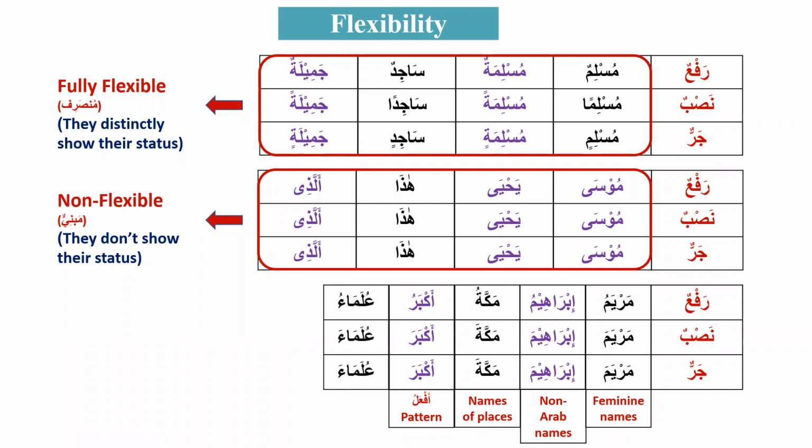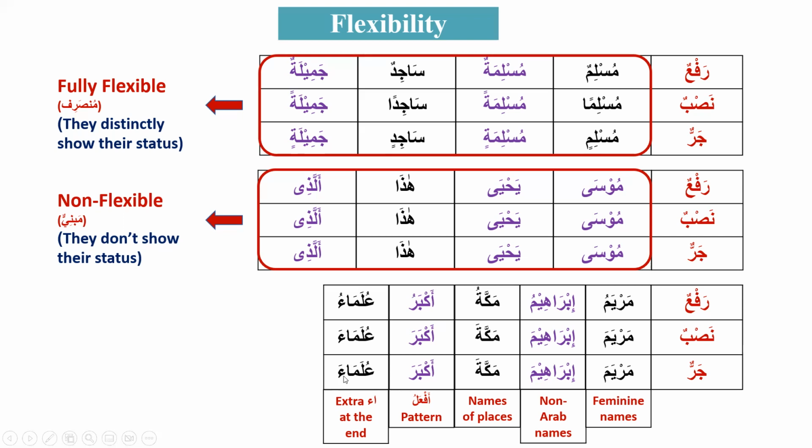And the last one: the isms ending with an alif and a hamza at the end. It is called alif mamduda. That is an extra alif and a hamza at the end. So the words that end like this are always light and they don't take kasra in their jar status.